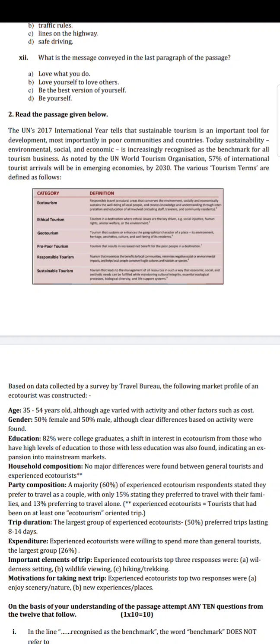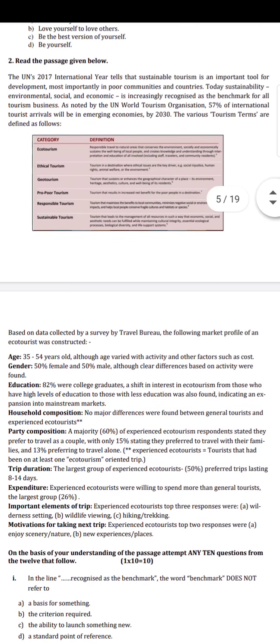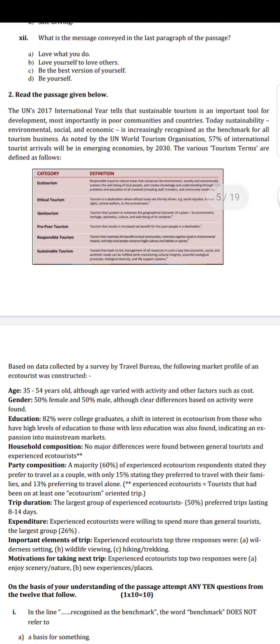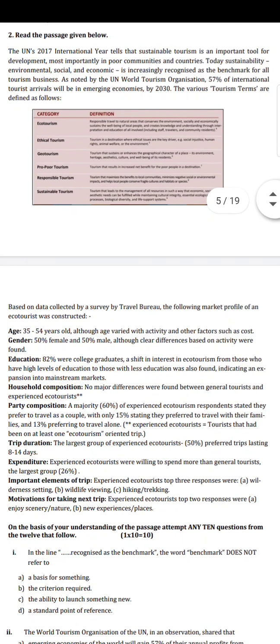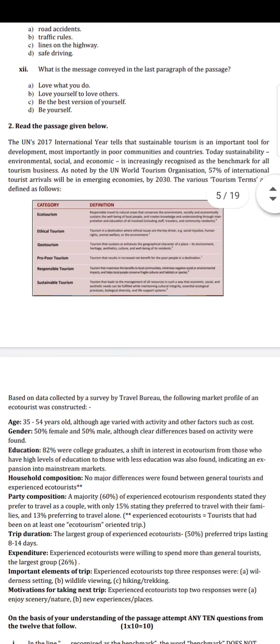Even a table is given here, with a few terms and their definitions. A study profile has been given to you under the headings age, gender, education, household composition, party composition, trip duration, expenditure, important elements of trip, motivations for taking next trip.